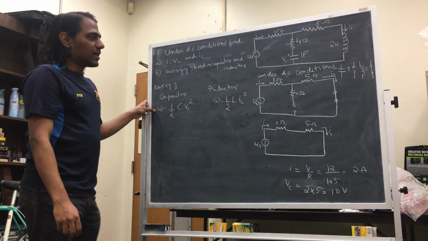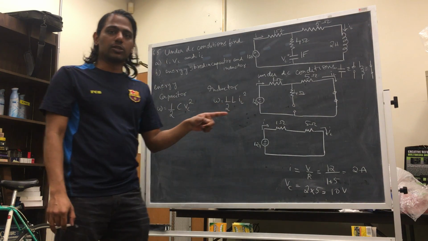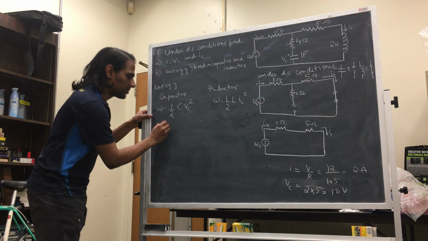You know the capacitance and you know the voltage, you know the inductance and you know the current flowing through the inductor. So you just substitute all the values.